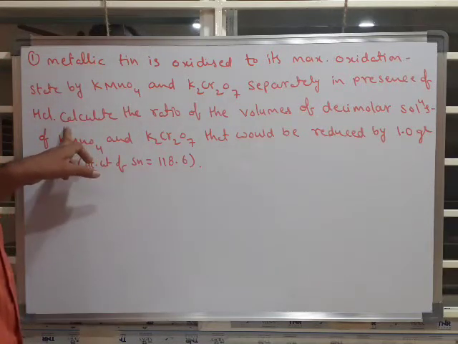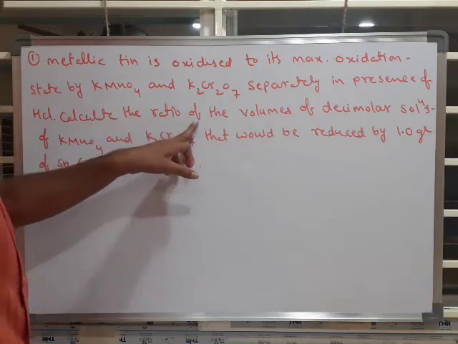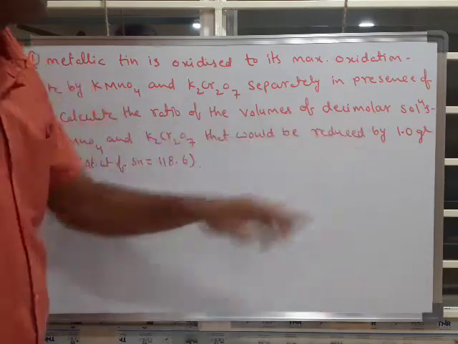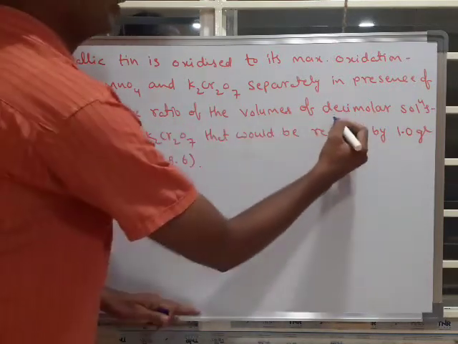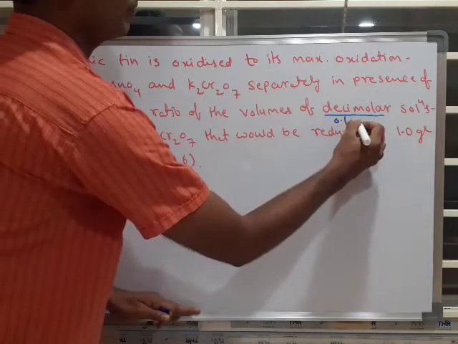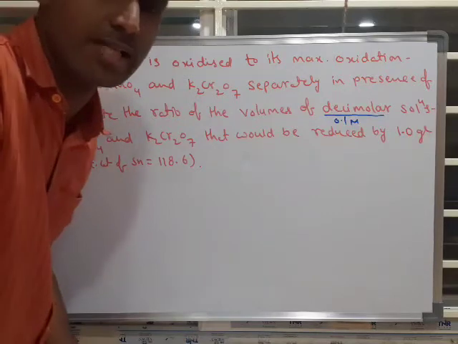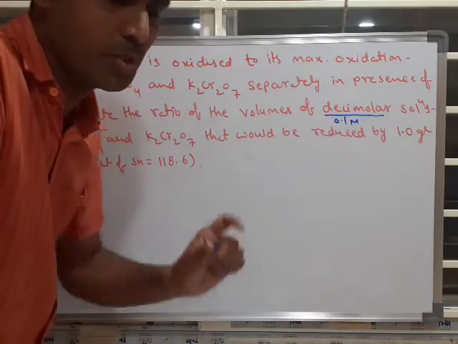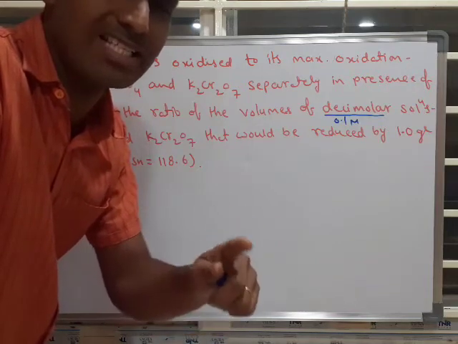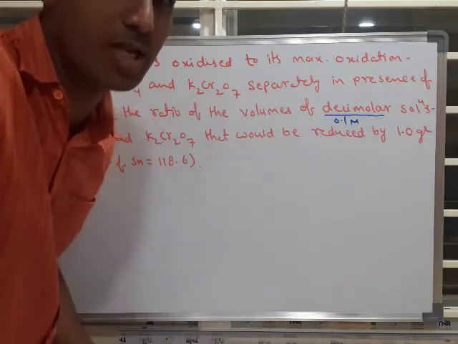We have to calculate the ratio of the volumes of decimolar solutions of potassium permanganate and potassium dichromate that would be reduced by 1 gram of tin. So what do you mean by decimolar? Decimolar means its concentration is given as 0.1 M, that is 0.1 molarity. If it is given decinormal, that's called 0.1 normality.